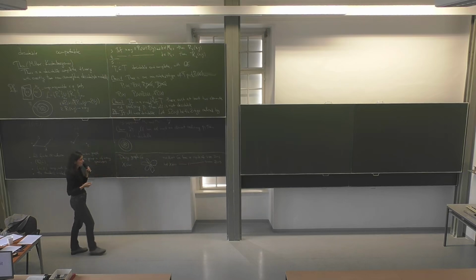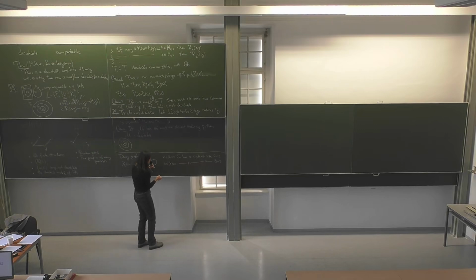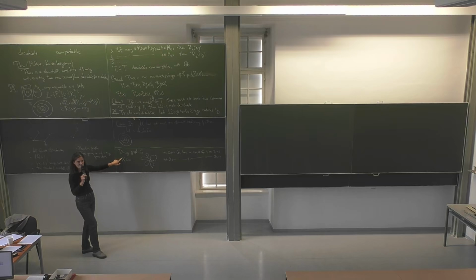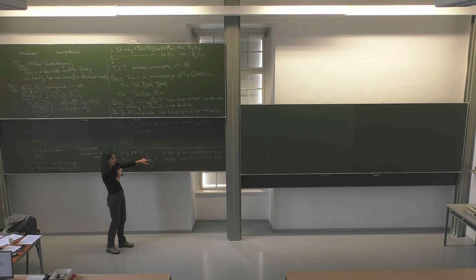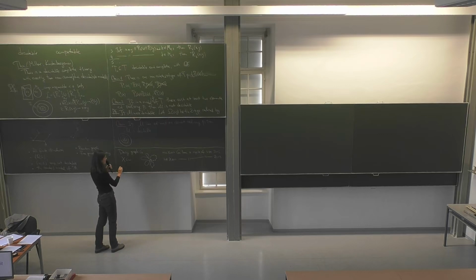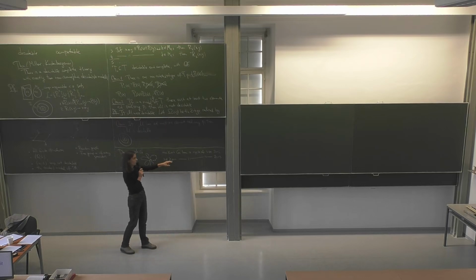And then the atomic diagram of this graph G has a complexity exactly the same as the set X. So first of all, if we know the set X, then of course we can find out everything about G. And second of all, if we know G and we want to know whether or not some n belongs to X, then we just wait for a cycle related to this n to appear.